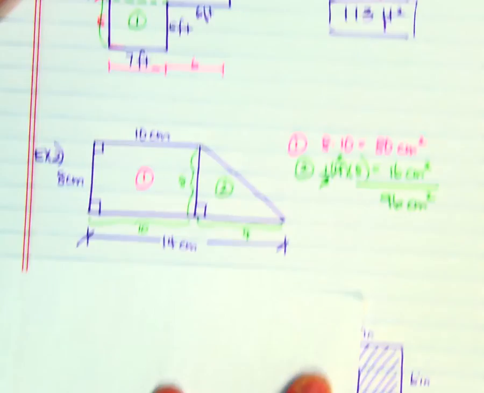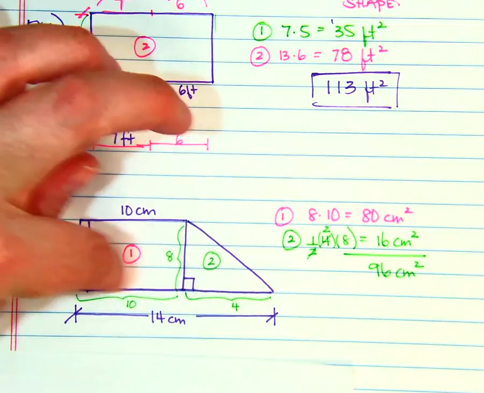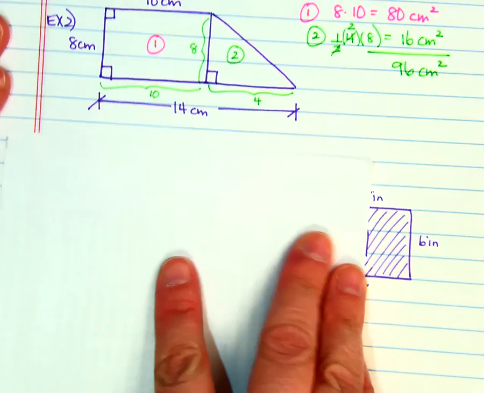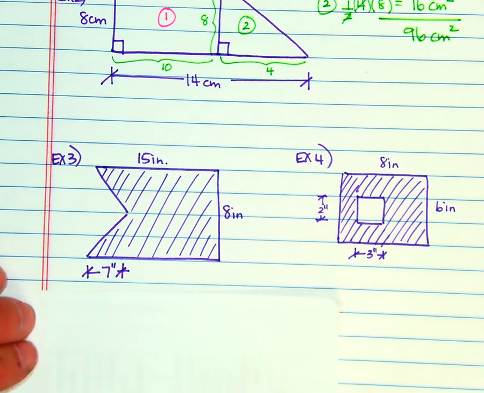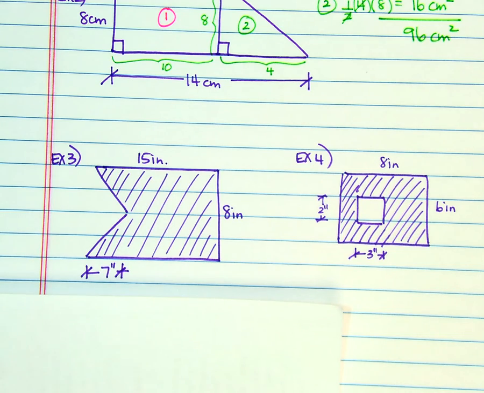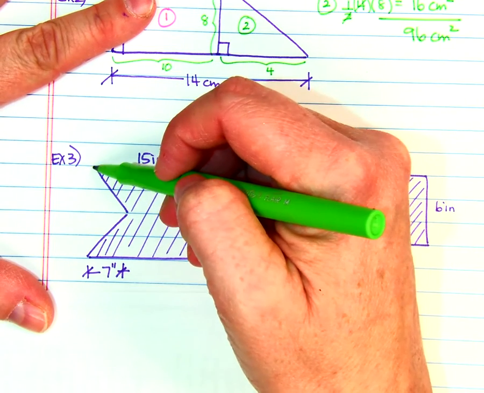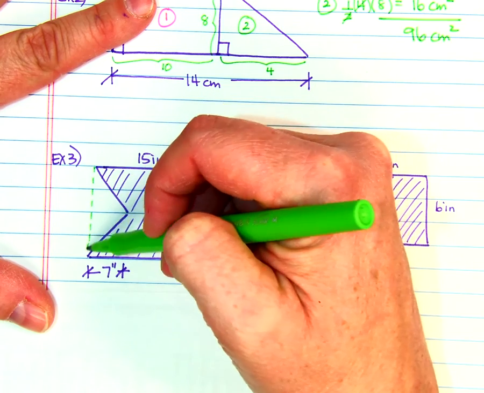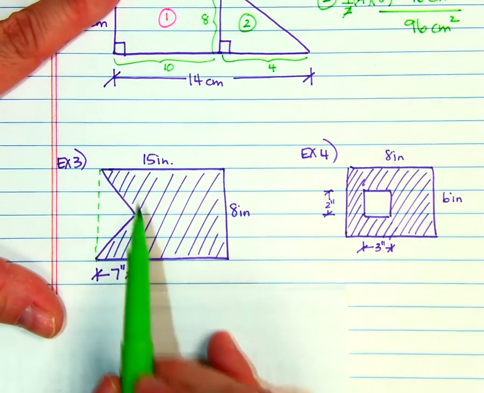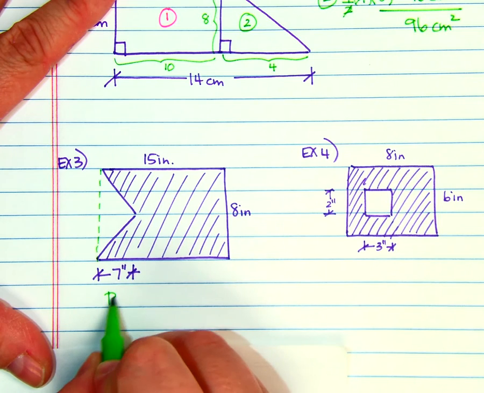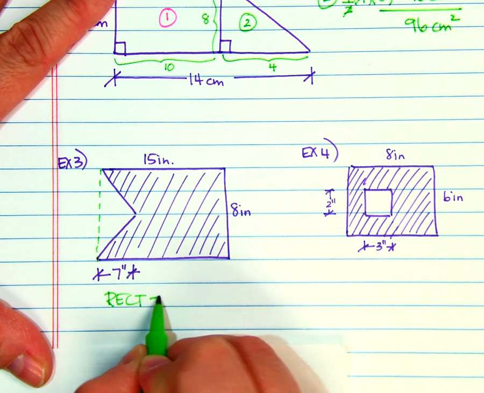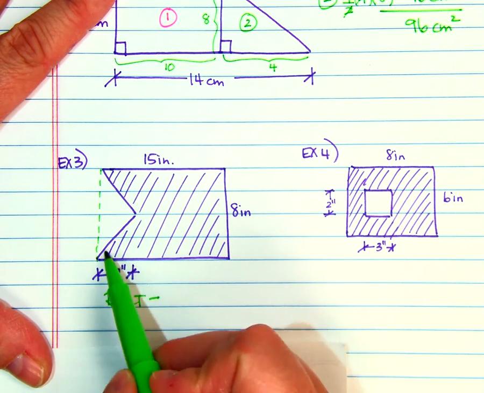Okay, so these are adding the parts. If I go on here, I could do the same thing with the adding, or I could look at it a little bit differently and say, you know what? If I were to complete this figure, this looks like a rectangle minus this triangle.